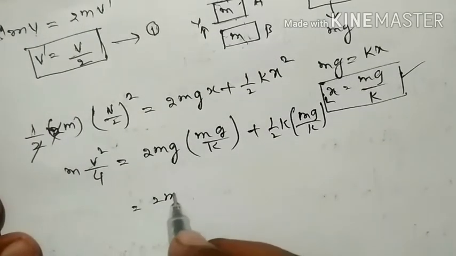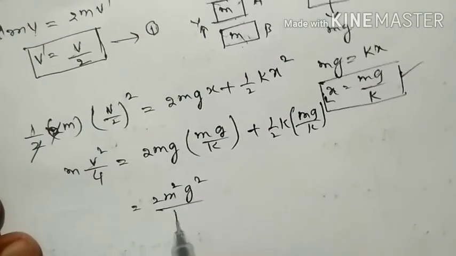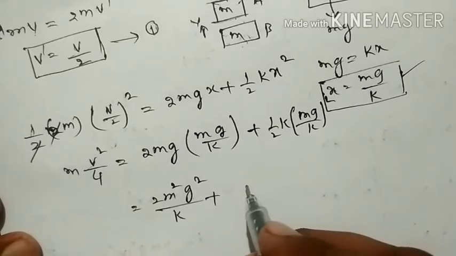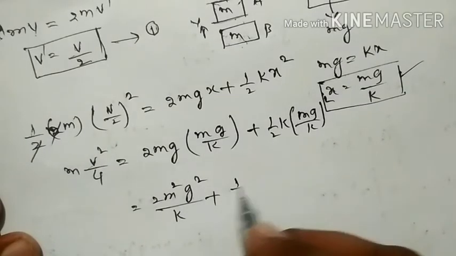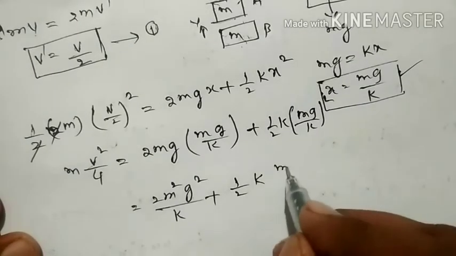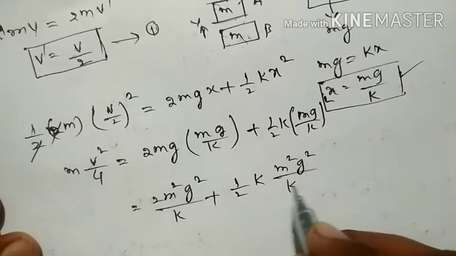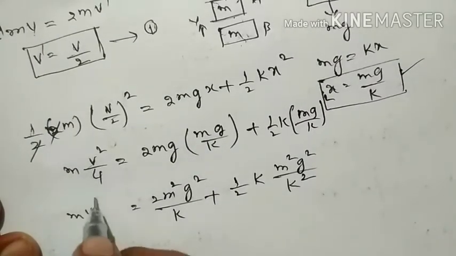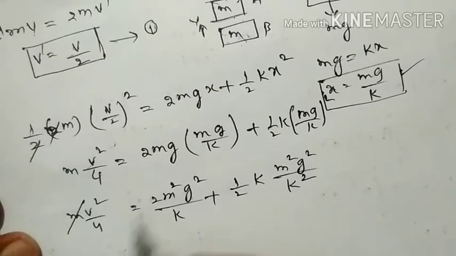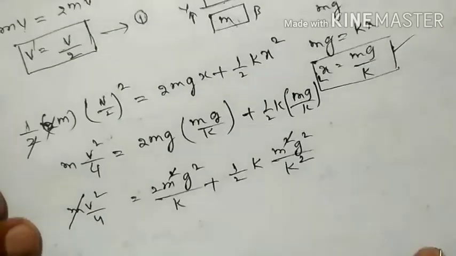So it is 2m square g square by k plus half of k into m square g square by k square. It is mv square by 4.